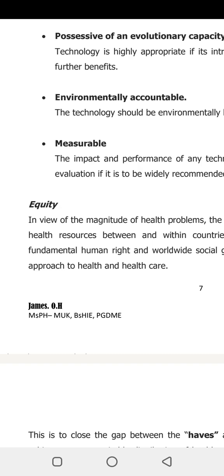The ecological system should not be destroyed simply because we want a project to go on. As we are implementing a project, we should also bear in mind that the environment is conserved. We should not bring a project which destroys the environment.